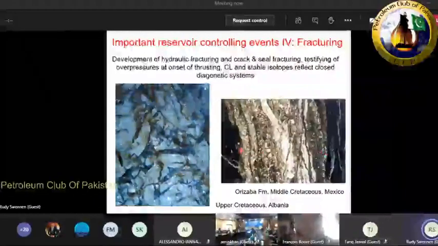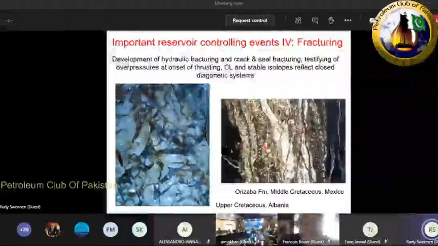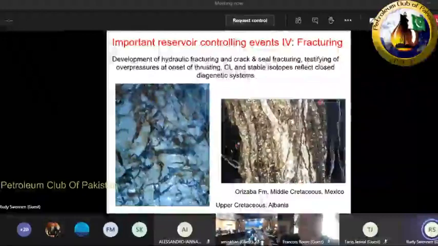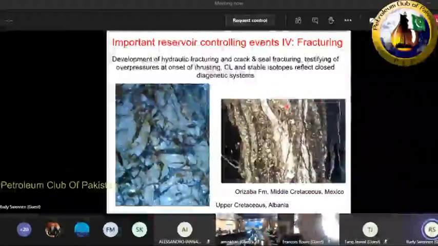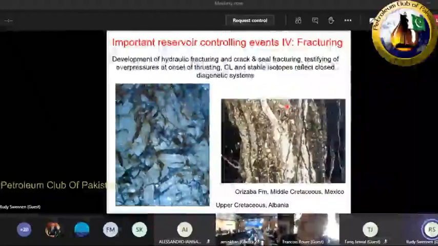release of overpressured fluids. You can also see that some of the crystals have been broken off. If you see this, then you can be sure that overpressure has affected your system, and this could also have its importance.